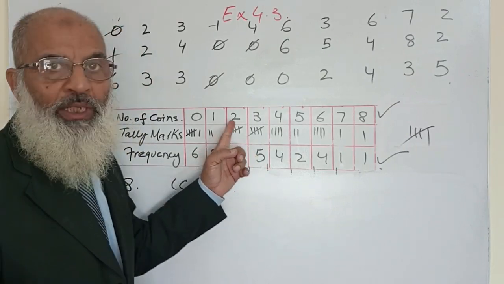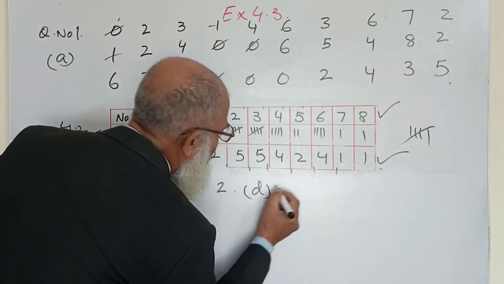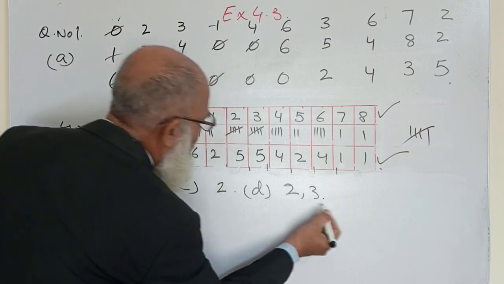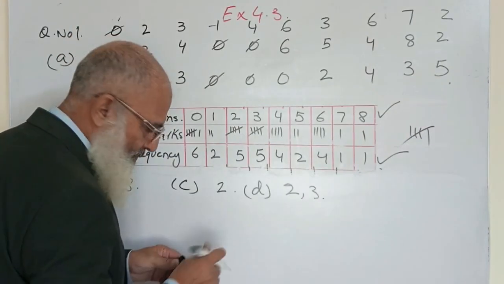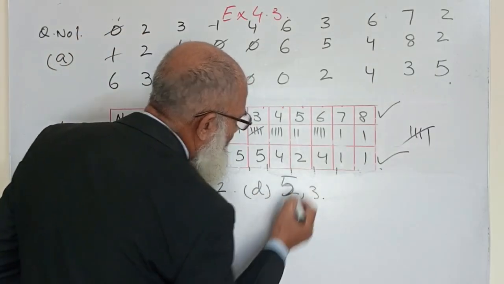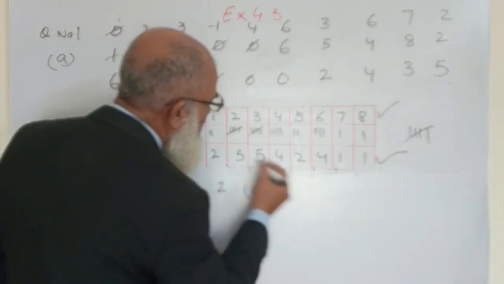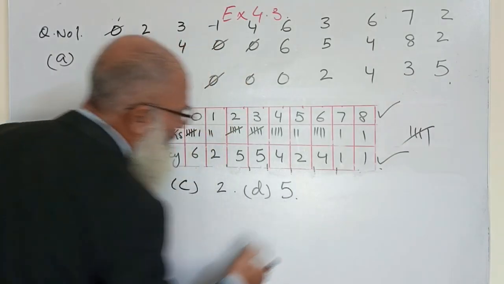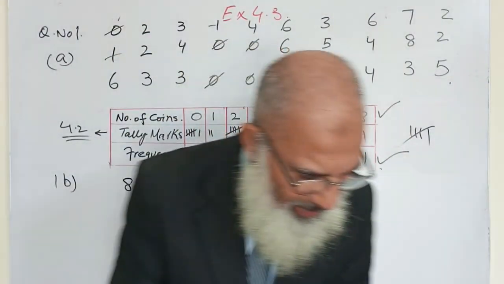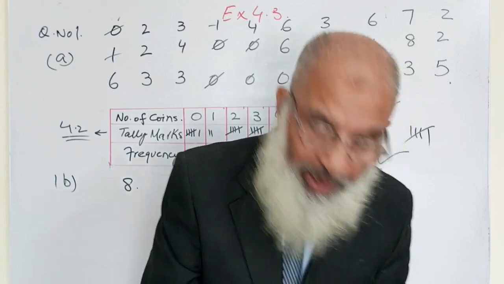Now there are 2 answers. There will be 2 answers for D. Now this is 5, 2 and 3. Most common number, you may write it as 5. Now what is part D? Part D says, what is the most common number of coins that people had on them.